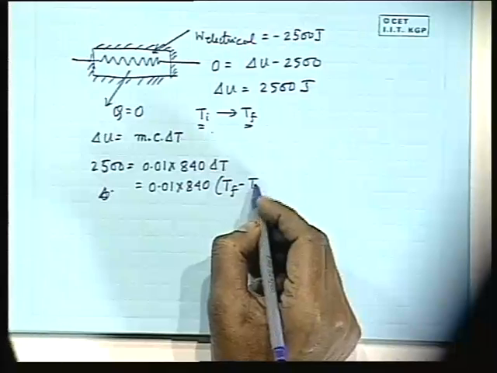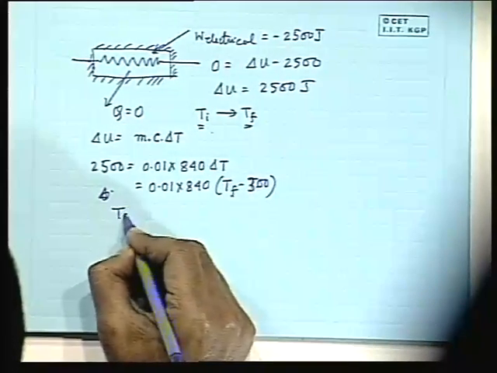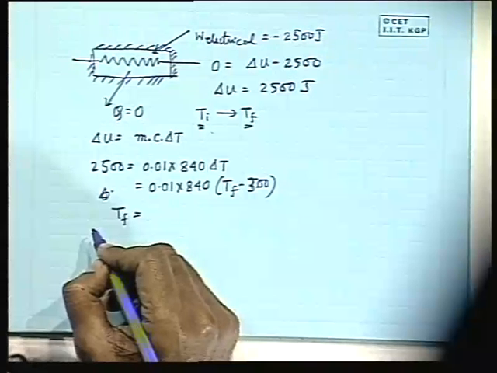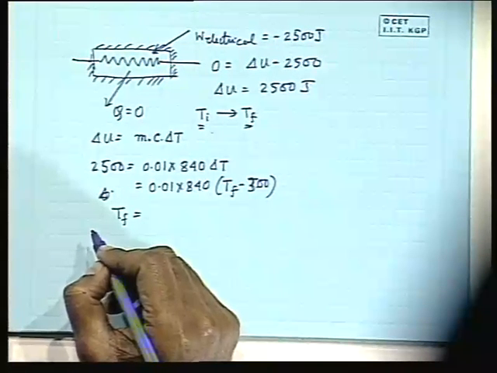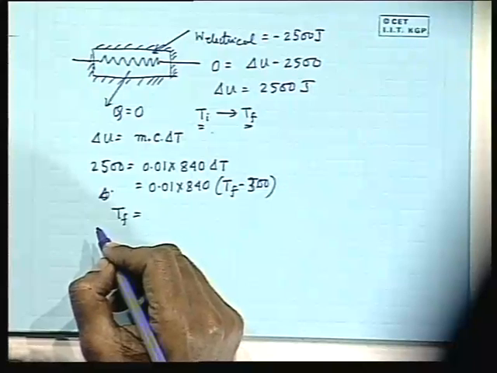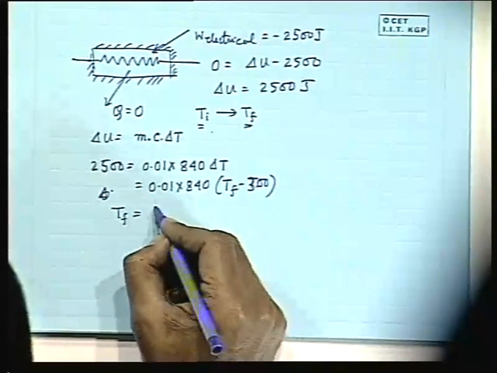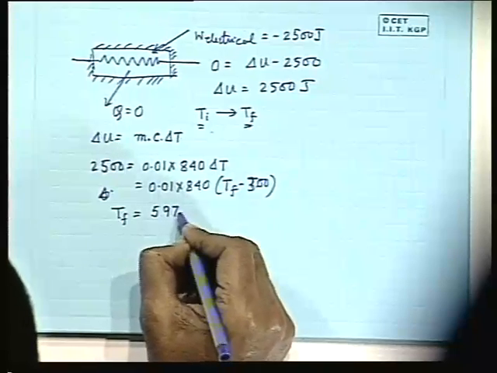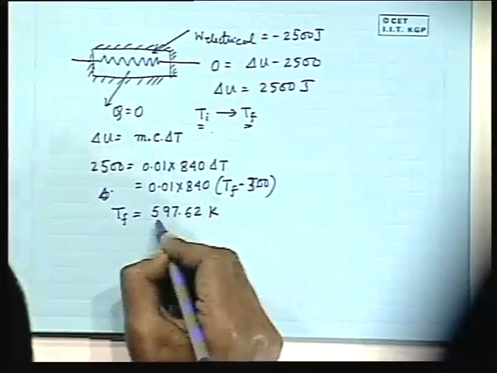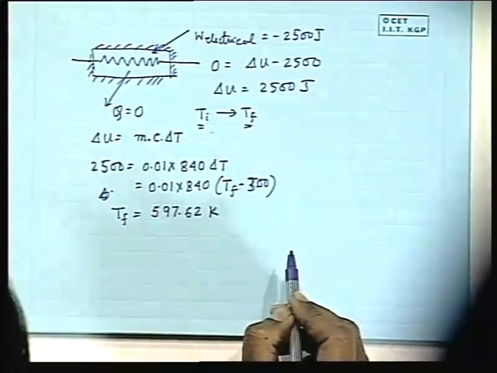Ti is 300 K. Very good. So if you do this calculation, then you get Tf equals 597.62. You check, there may be some error here, but roughly it will be 597.62.